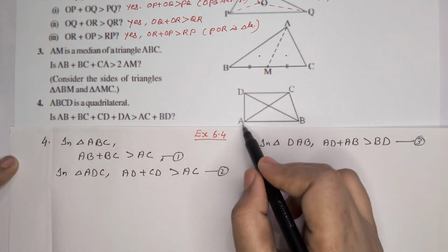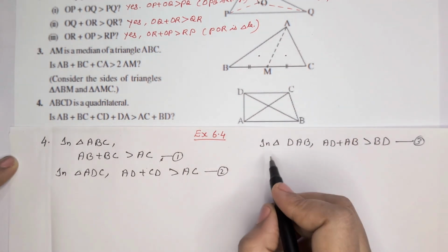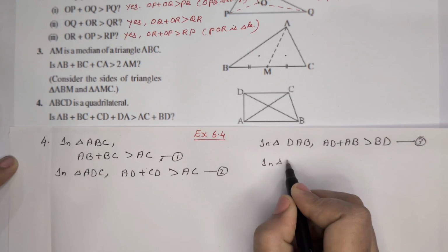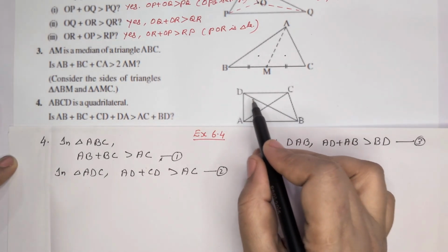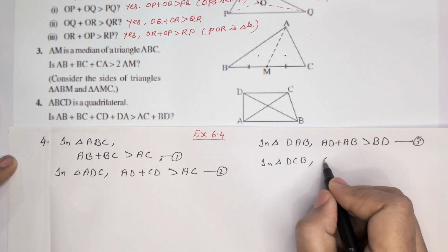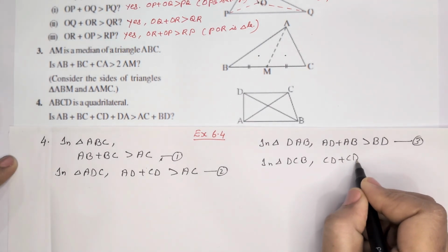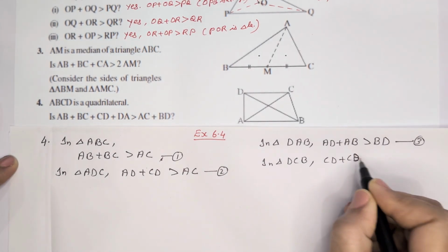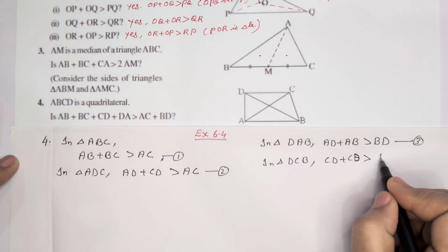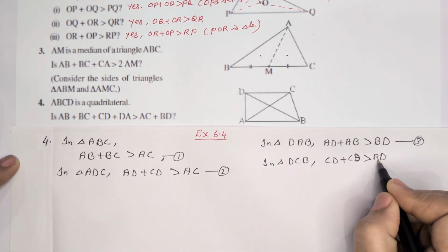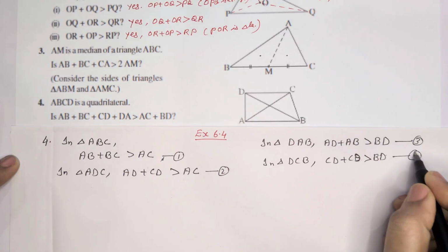Just opposite, we have taken DAB, so now DCB. In triangle DCB, here CD plus CB is greater than BD. That is equation number 4.